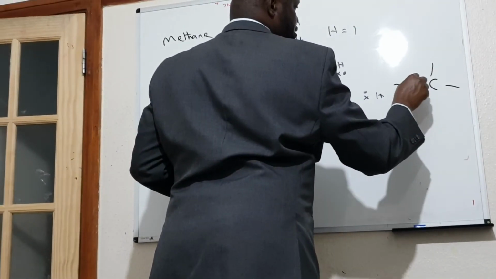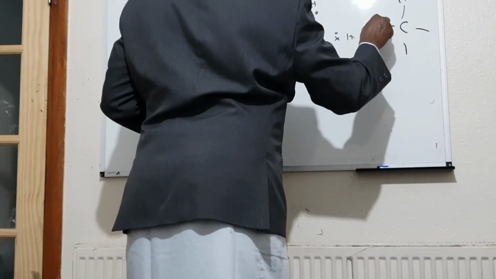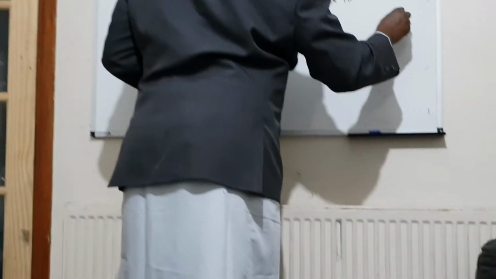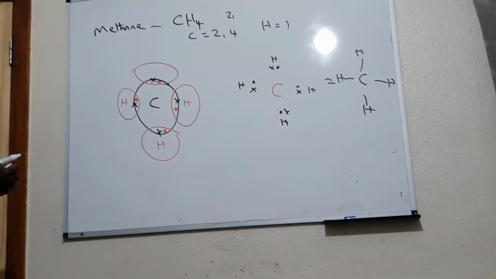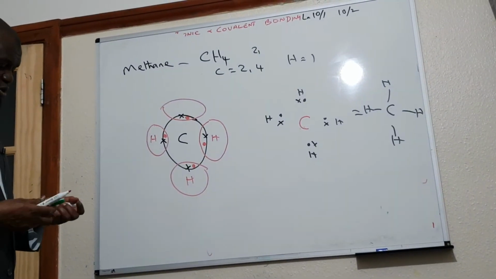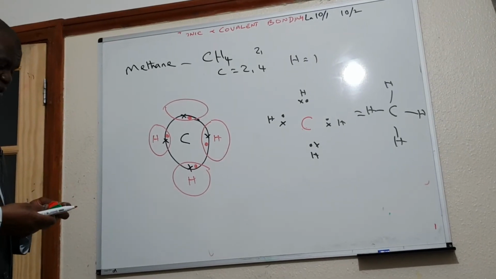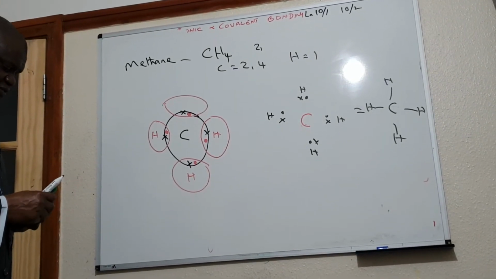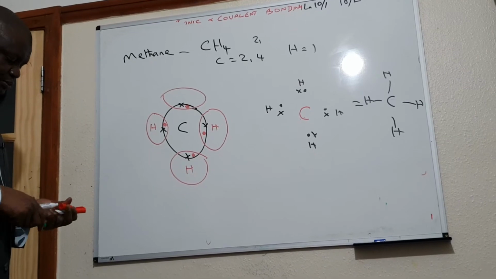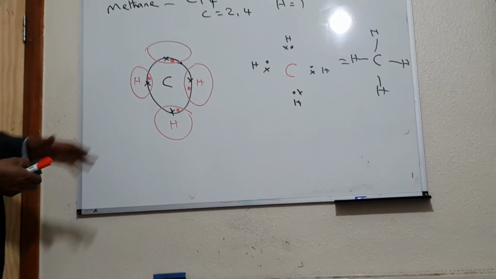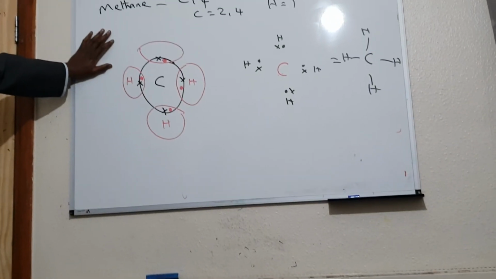Hence the compound looks like this. It's called methane, and they are called hydrocarbons. You heard about petroleum. When you distil petroleum, one of the first gases that comes out is methane, because it has a very low boiling point. So these are the structures of covalent compounds.